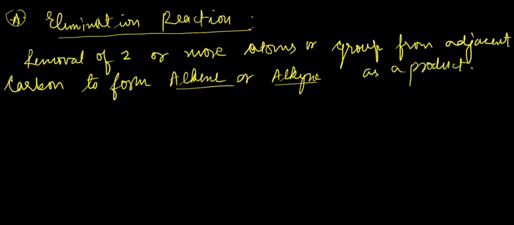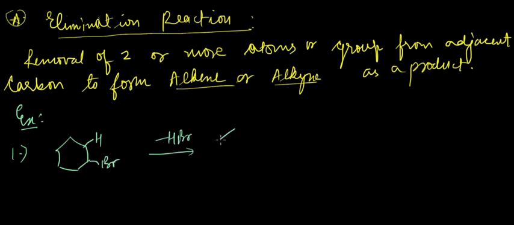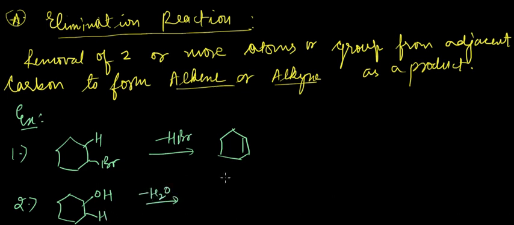Let's look into some examples of elimination reaction. We have something like this, substituted with H and Br. So removal of HBr to form cyclohexene is an example of elimination reaction. Similarly, if I have OH and H group here, the removal of a water molecule from this is known as elimination reaction. Let's look into some more examples.